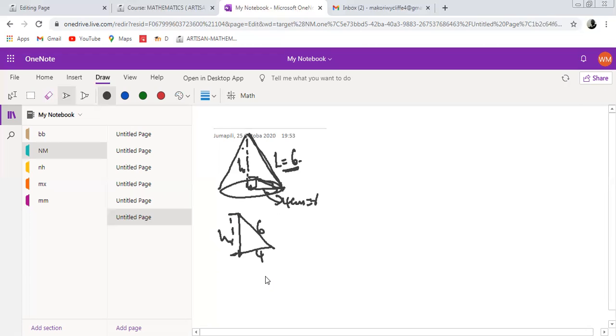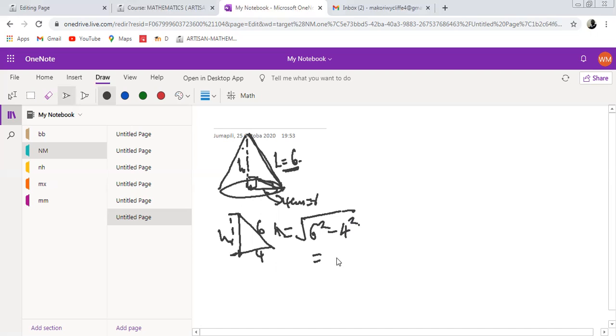You apply the Pythagoras theorem, and in that case, you will be looking for the height having been given the hypotenuse and the base. The height, which is given by h, is going to be the square root of 6 squared minus 4 squared.